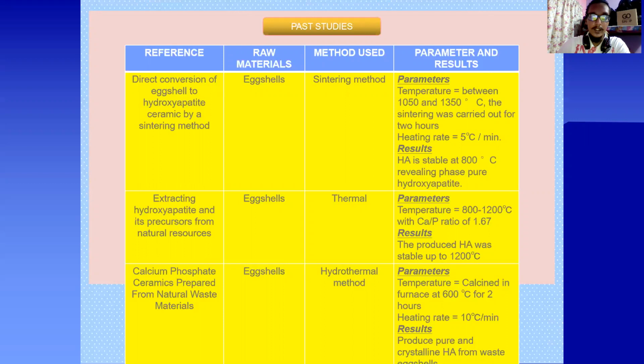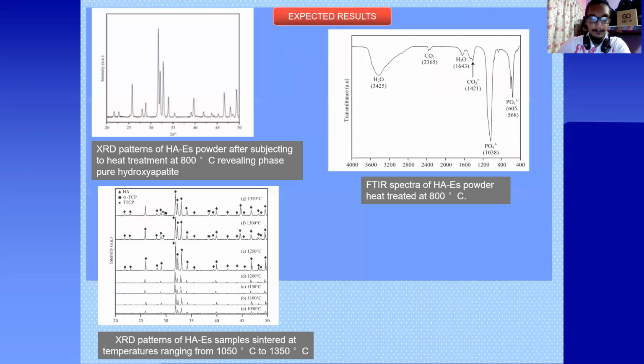The third reference is calcium phosphate ceramic prepared from natural waste material. This method uses the hydrothermal method. The parameters are calcination in a furnace at 600 Celsius for 2 hours with a heating rate of 10 Celsius per minute. The result is that it produces pure and crystalline HA from waste eggshell.